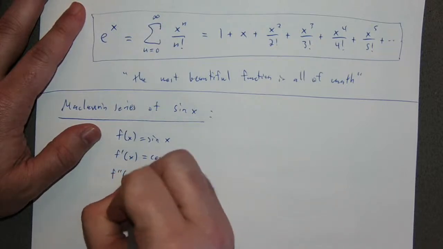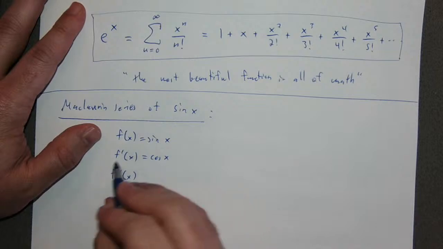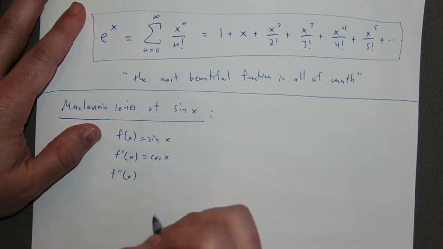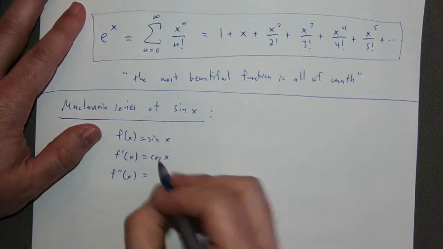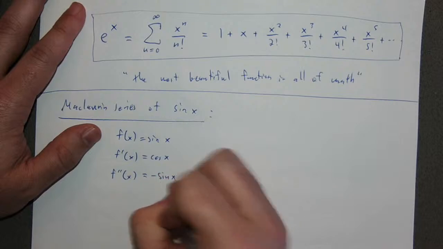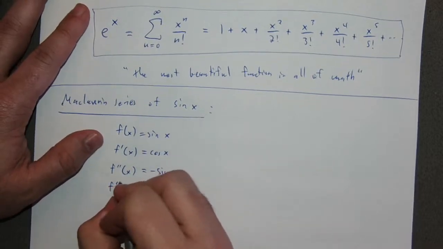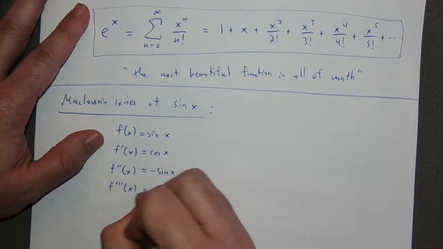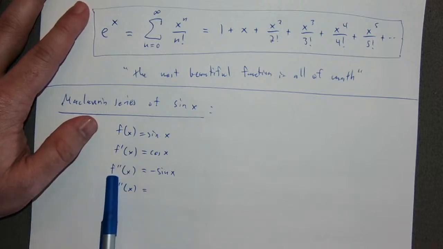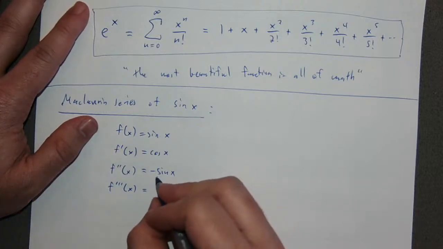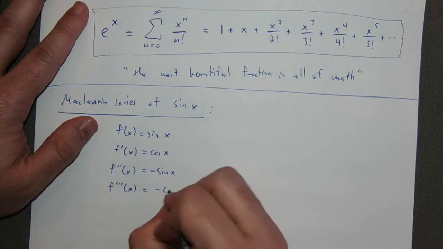To take the double derivative of sine x, I take the derivative of the first derivative, so I'm taking the derivative of cosine x. The derivative of cosine x is minus sine x. The f triple prime is the derivative of the second derivative, so this is the derivative of minus sine x. That is minus cosine x.